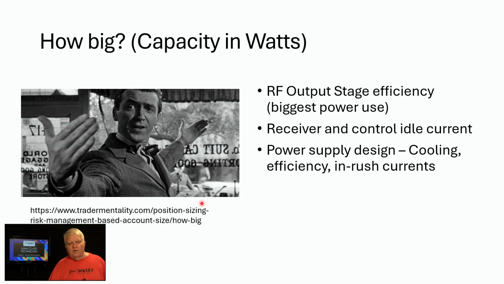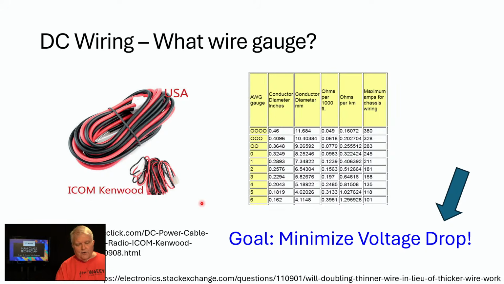You always want to consider the RF output stage of the radio. How efficient is it? That 100-watt radio may actually consume 200 or more watts when you're transmitting. So you always got to size for that, and also if you've got anything that's going to have a lot of inrush currents, like an amplifier or something like that, you've got to factor that in. You also got to factor in the wire gauge that you're going to be using.